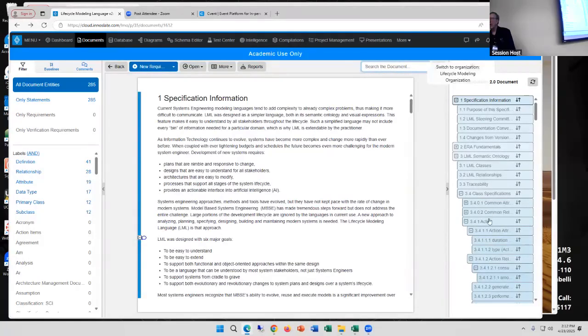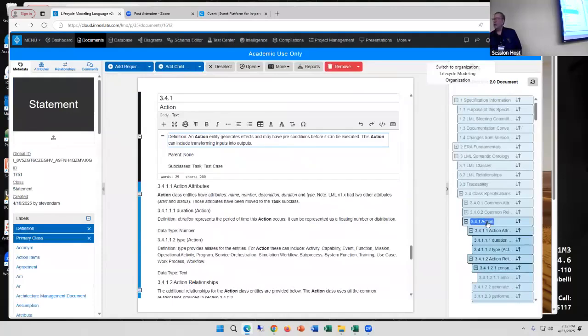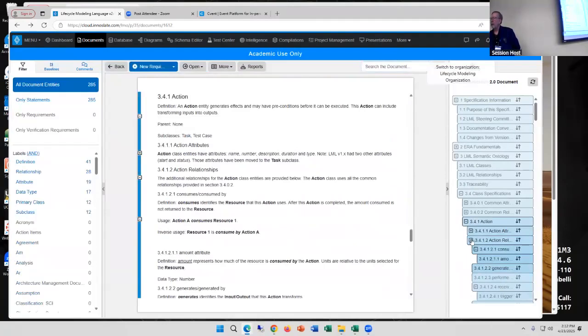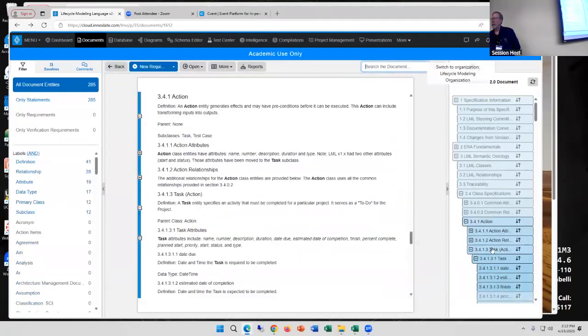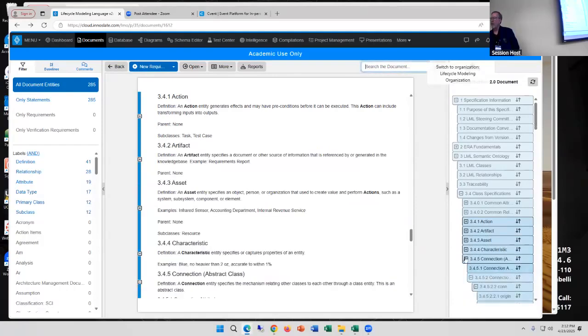Now we've reorganized this pretty significantly, because instead of tracking the classes in alphabetical order, these subclasses are now associated right here underneath the main class. What that allows us to do is recognize that we still have our 12 primary classes of information.